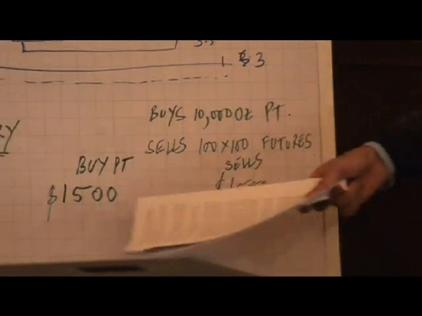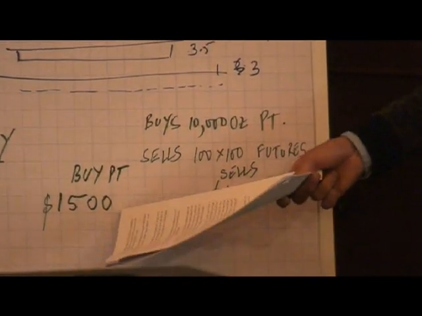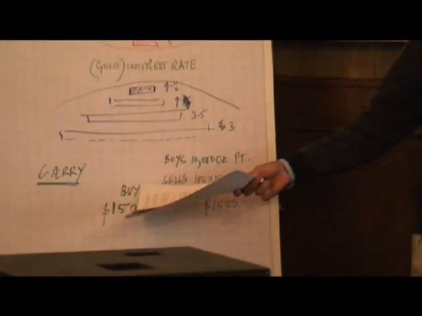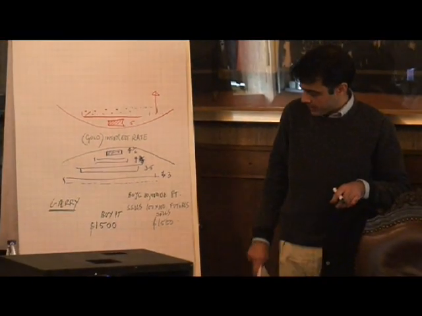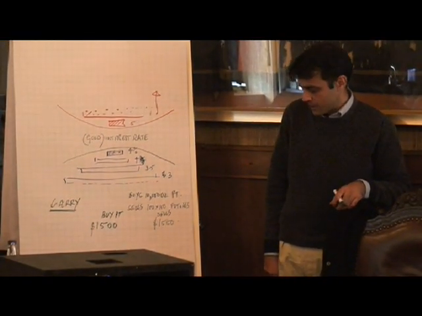Okay. So he's bought platinum at 1,500 and will be able to sell it for 1,550.